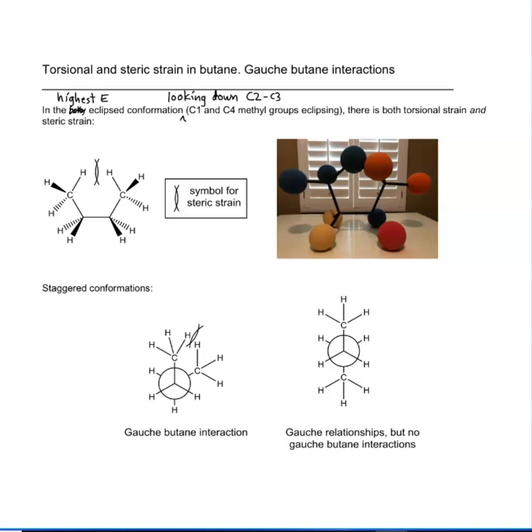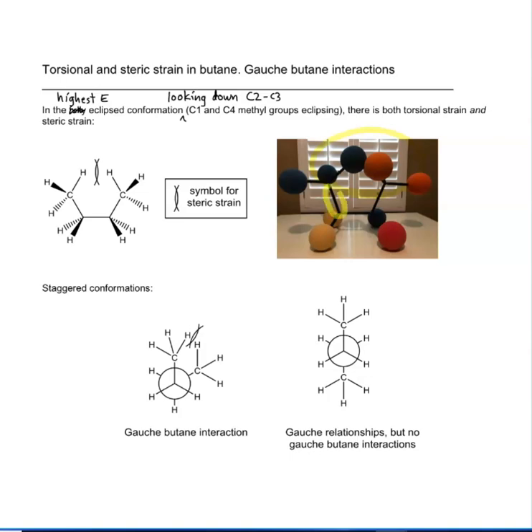In that conformation, we have both torsional strain and steric strain. Now this is a little bit easier to see if you look at the molecule from the side, as shown in the photograph on the right. When you look at the molecule from the side, what you see right here is that that's where the hydrogens on the methyl groups are too close to one another, and they're very close. So there's a considerable amount of steric strain going on here.